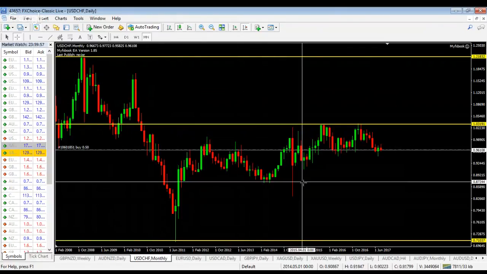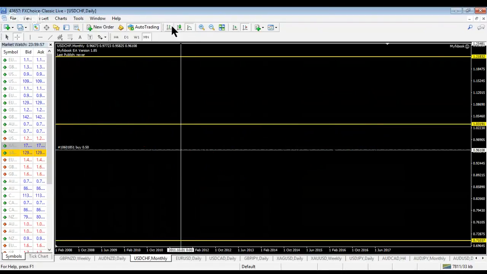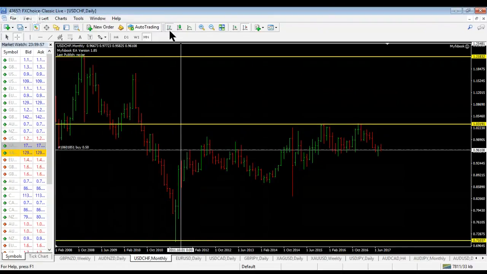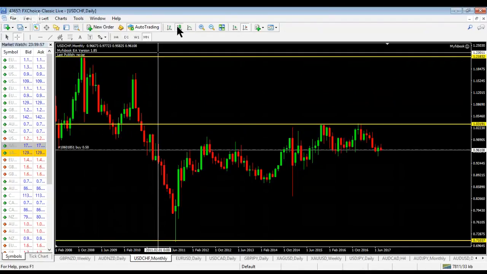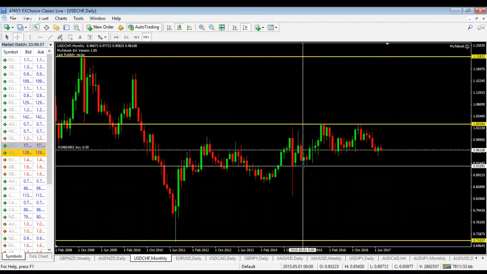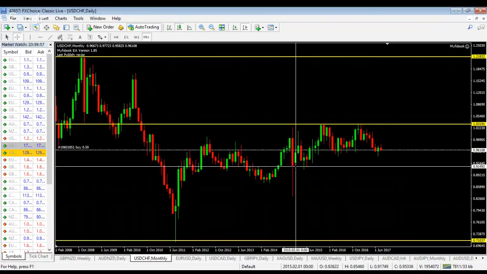All right, if you want to change candlesticks, you can change it to a line chart. You can change it to whatever you want, bar charts, however you want to trade. Do keep in mind when trading off of candlesticks, again, you want to be careful of these wicks.